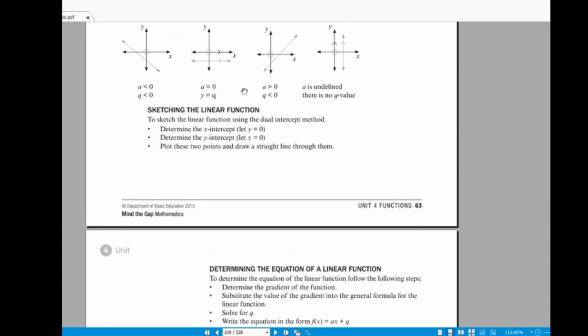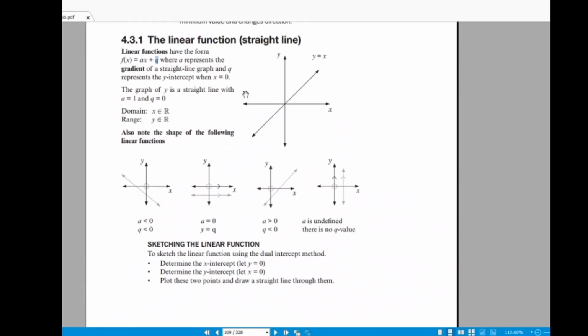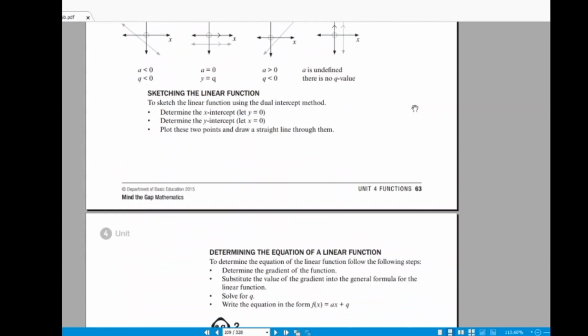So if you are given a function in the form y = mx, simply let y equal 0 and let x equal 0, and then you will have 2 points, and when you sketch this graph, you just connect those 2 points.